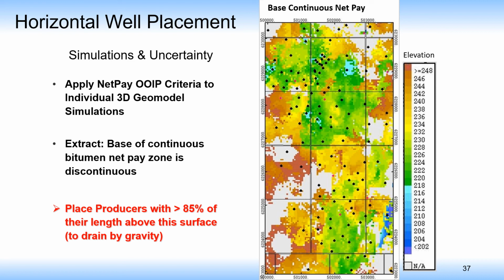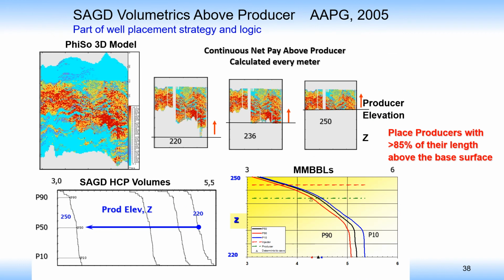We extract the base bitumen, and we're looking to place those producers with at least 85% of the producer above this base so that it's in the pay column. So that's a criteria that we evaluated, but I'll just show you if we start with this is FISO on one realization, just illustrating slicing up. Sure, we're going to have a lot of pay above this low level, but the effective length is almost zero.